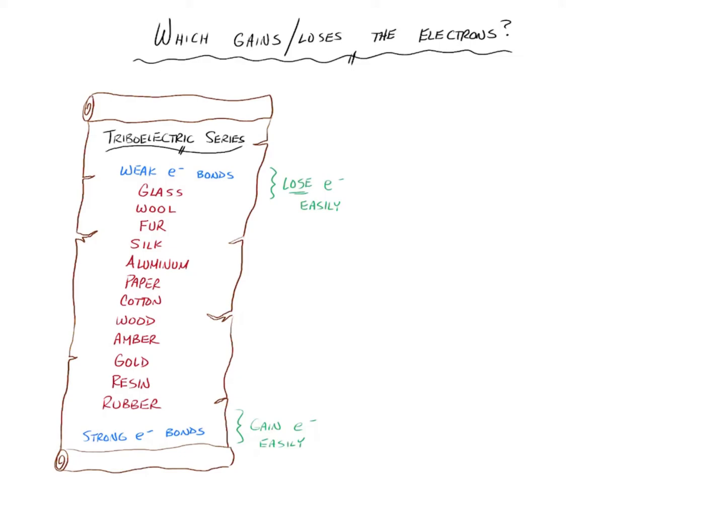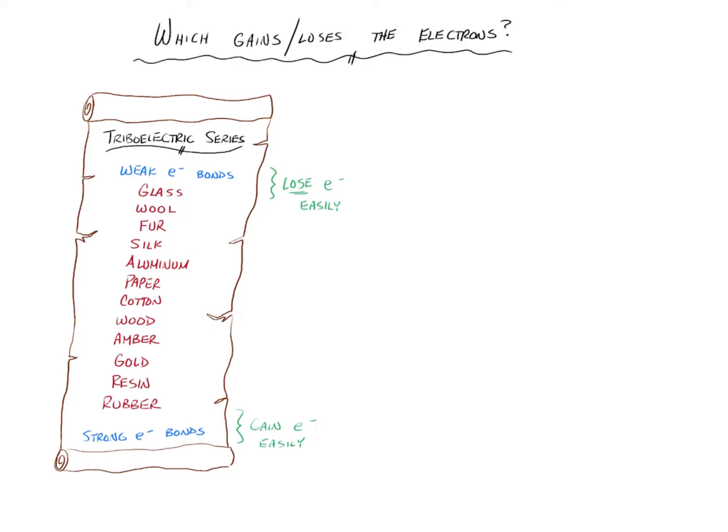I will typically give you the weaker materials at the top, ranked all the way down to the materials that form stronger bonds. Anyway, the easiest way to understand this is that when you form weaker electron bonds, you lose your electrons more easily. It's easier to rip those electrons away, and if you form strong bonds with your electrons, then you gain electrons more easily.